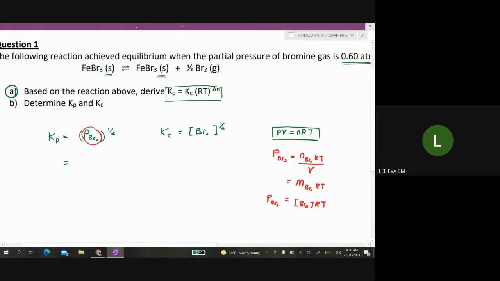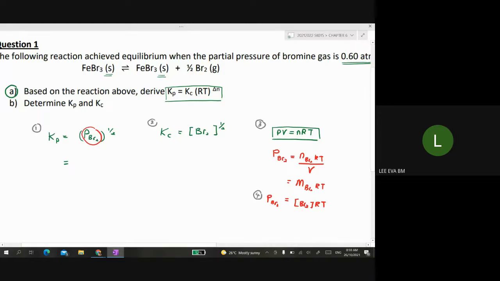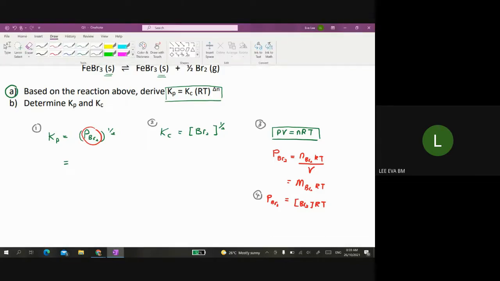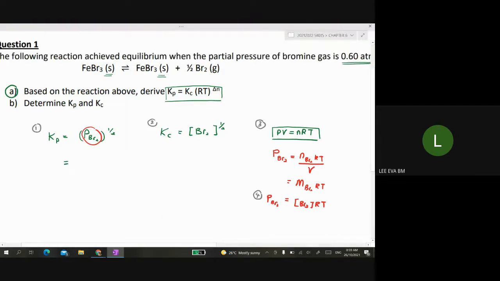Okay, madam buatkan nombor untuk awak ikut 1, 2, 3. Lepas tu yang keempat kita buat substitution. Okay, substitute yang keempat dalam awak punya PBr2. So now we substitute inside PBr2 the concentration RT raised to the power of half.